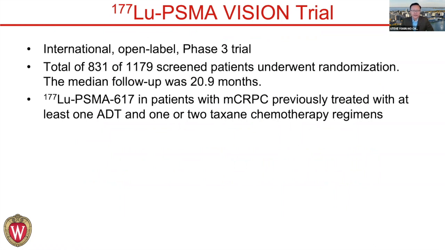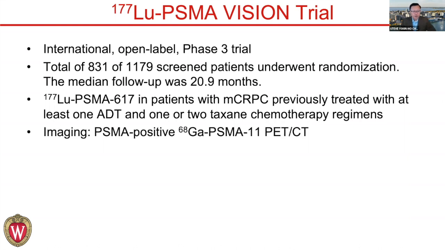So patients with metastatic castration-resistant prostate cancer who were previously treated with at least one androgen deprivation therapy, so these are targeting the hormone receptor for these tumor cells, and treated with 1 or 2 taxane-based chemotherapy regimens, so targeting the tubules in the patient.